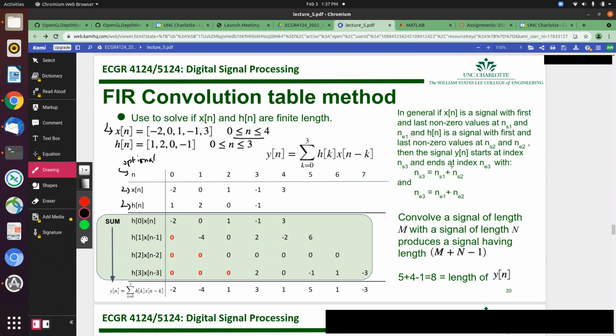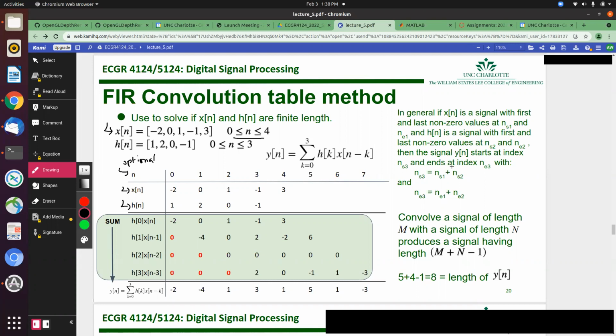Because H convolved with X is equal to X convolved with H. So you can flip the two rows if you like your table to be different. I'm going to teach it this way, but we all know that it doesn't matter. All you have to do is make sure you list your numbers in so-called English order: the number on the left goes on the left, and the number at the end goes on the end.